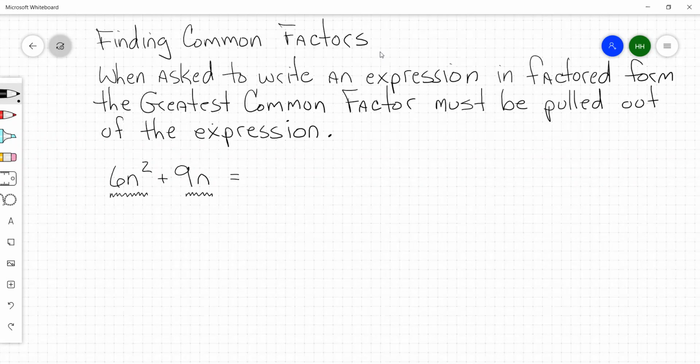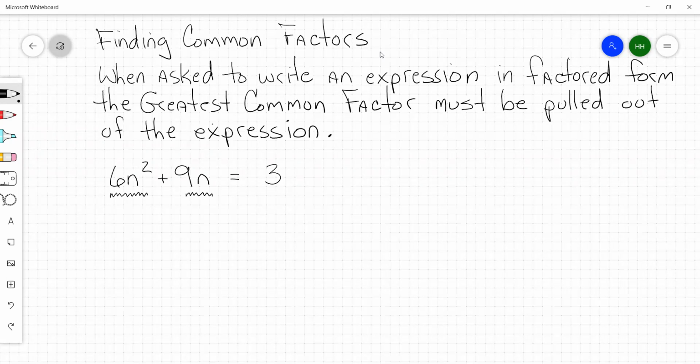And you find the largest factor of 6 and 9. You're trying to find the largest number that'll go into 6 and 9 evenly. The largest number that will go into 6 and 9 evenly is a 3.